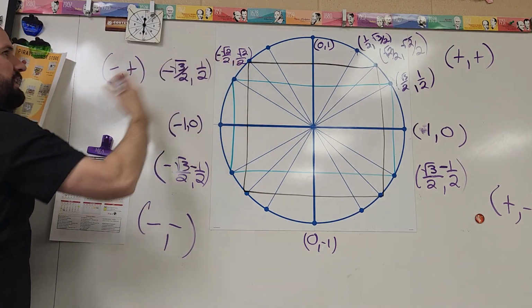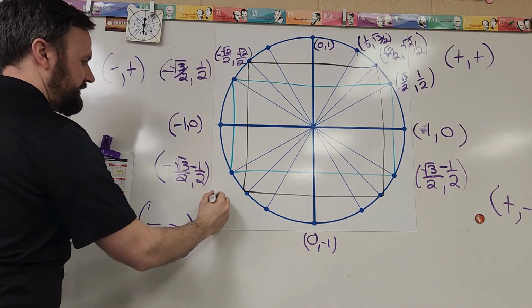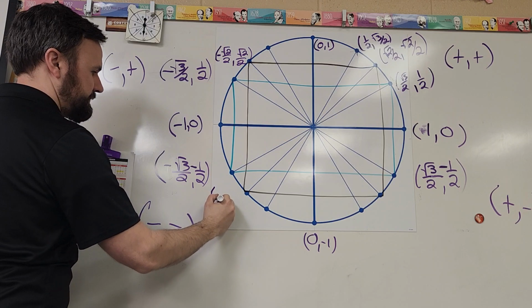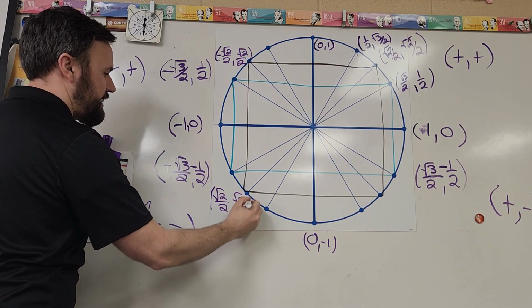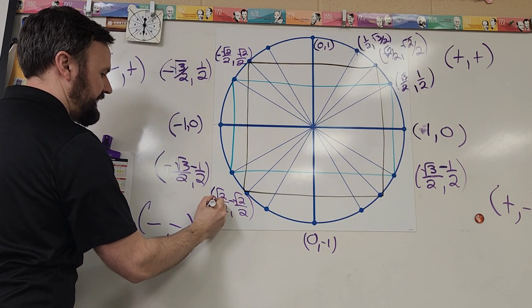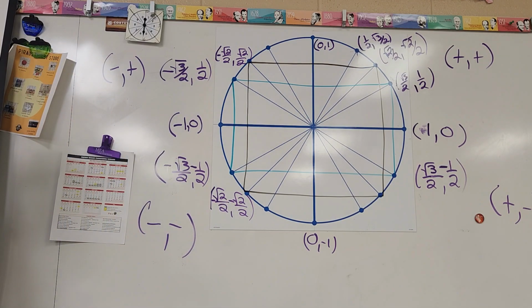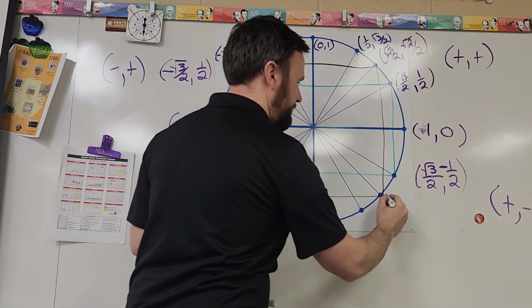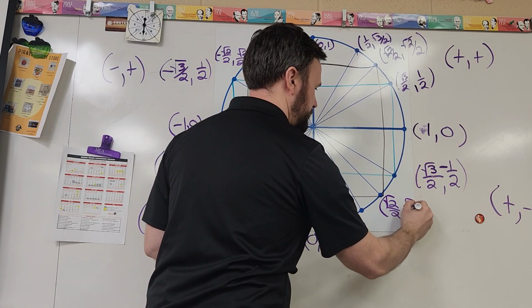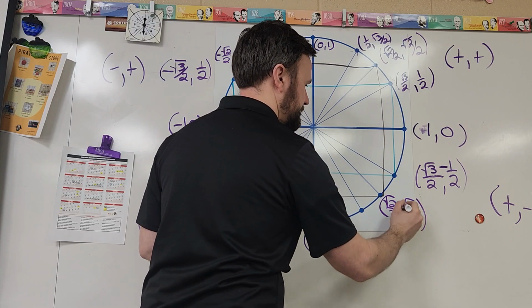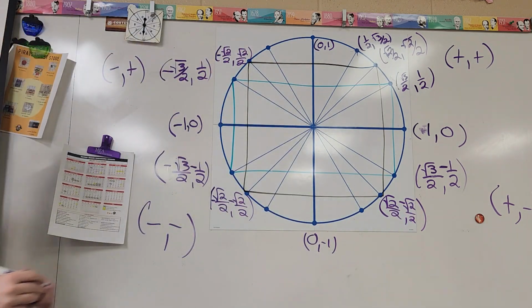That's my negative because I went left and I went up. Down here I get root 2 over 2, root 2 over 2, and they are both negative, right? And over here, I'm going to get root 2 over 2, root 2 over 2. Just my y is negative.